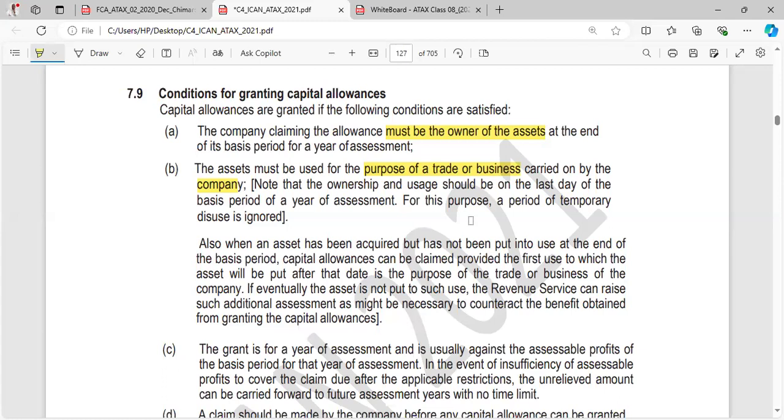So it means that, let's say you have a capital allowance of 1 million and your assessable profit was 1.5 million before, and when you now add that, you use that 1 million to reduce it to 500,000, and you now pay tax on 500,000. That 1 million that you enjoyed but you didn't put the asset into use, they will reverse it. You will now pay tax on that 1 million. That's the additional assessment that they will raise for not being entitled to that capital allowance.